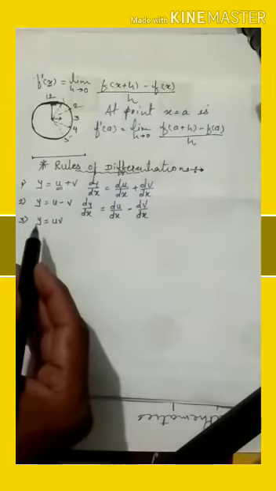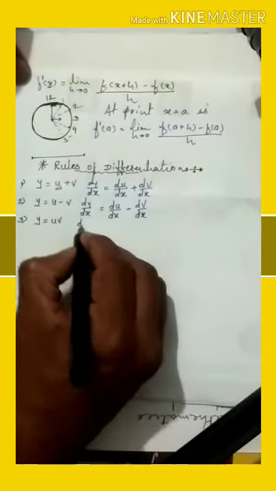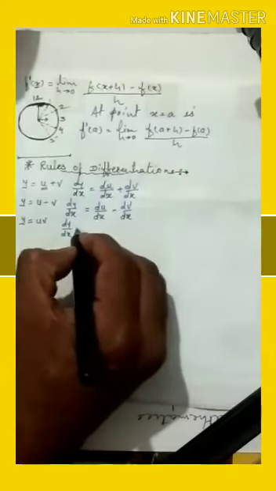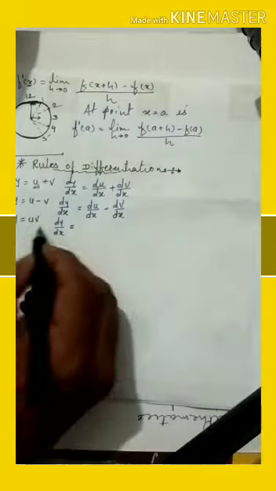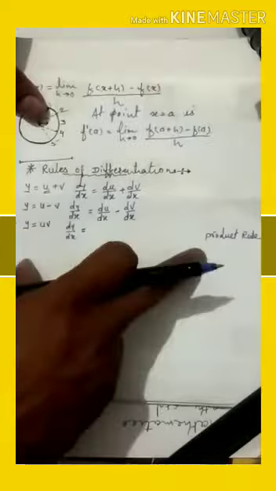While differentiating this y with respect to x, in the left hand side of the equation we will get dy by dx. Now this is a product of the two, so this rule is called as product rule. Which rule? Product rule. It is dealing with the product of two dependent variables u and v. So what will happen in this case?